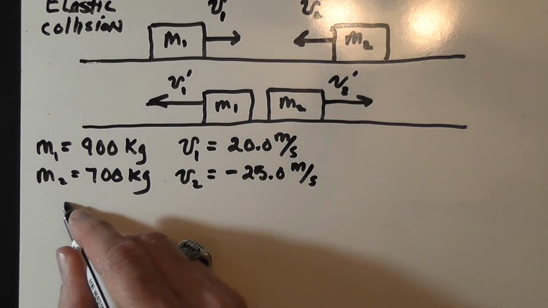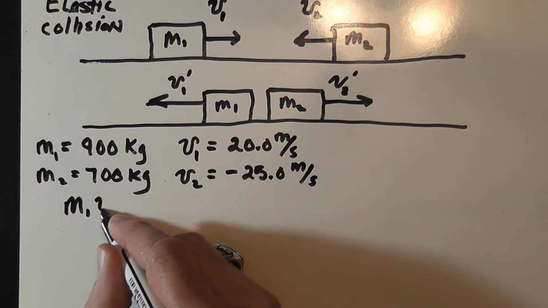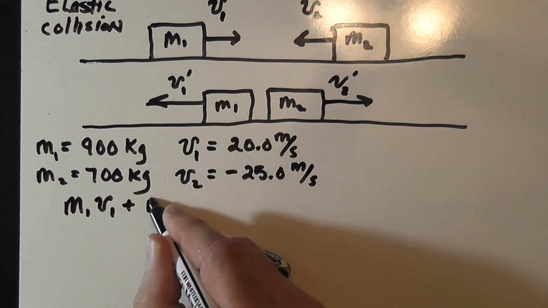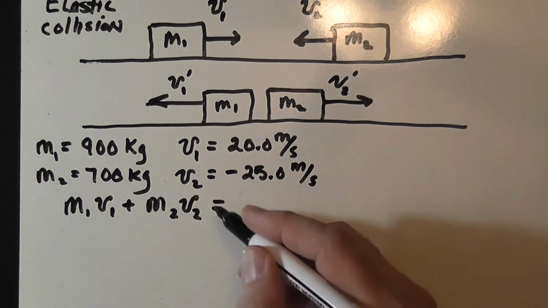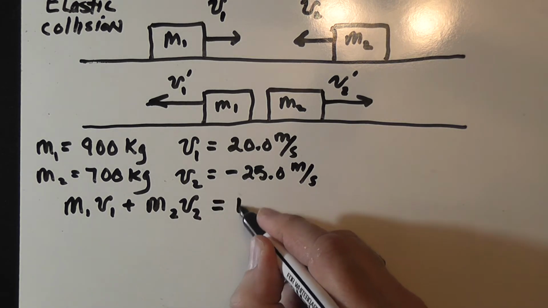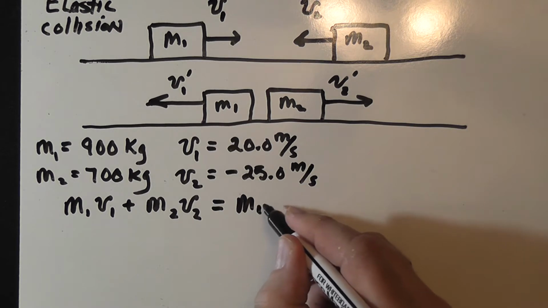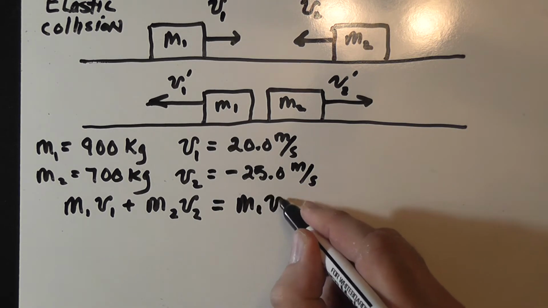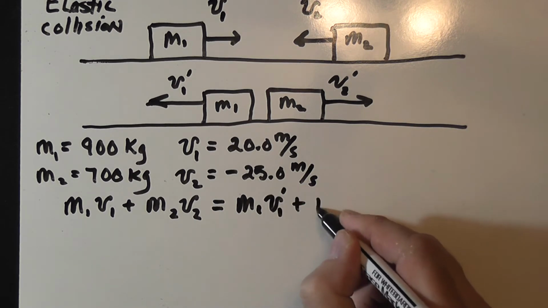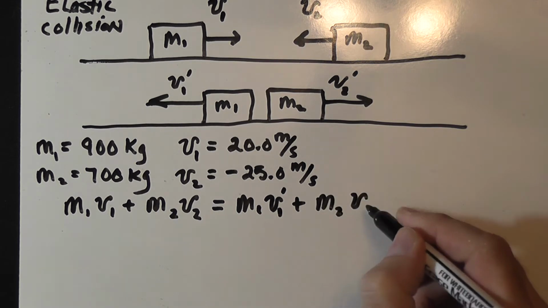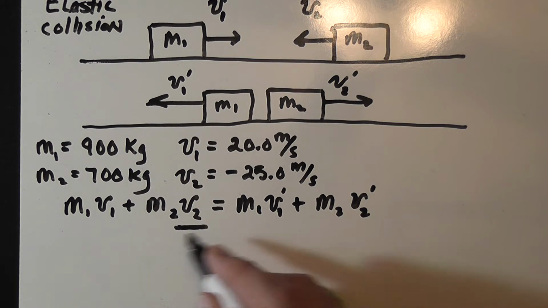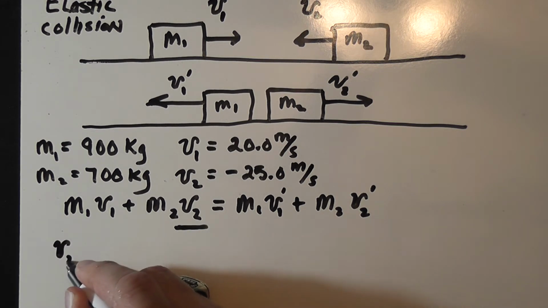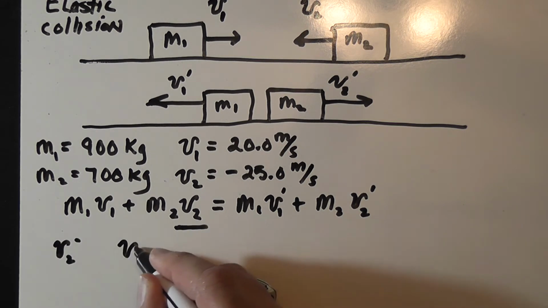So we have m1 v1 plus m2 v2 is going to be equal to m1 v prime 1 plus m2 v2 prime. So we need to solve for v2 prime and v1 prime.